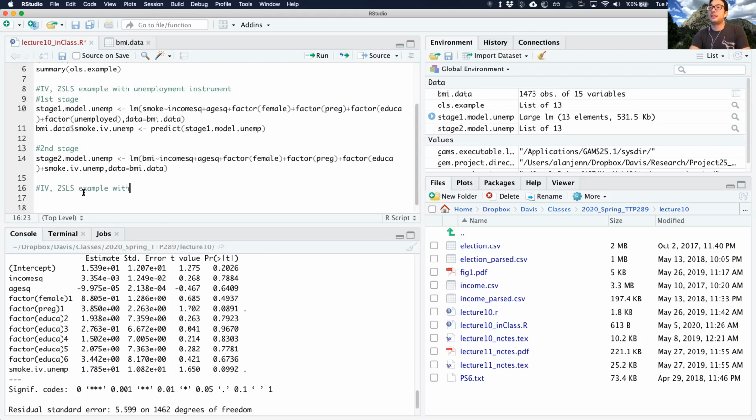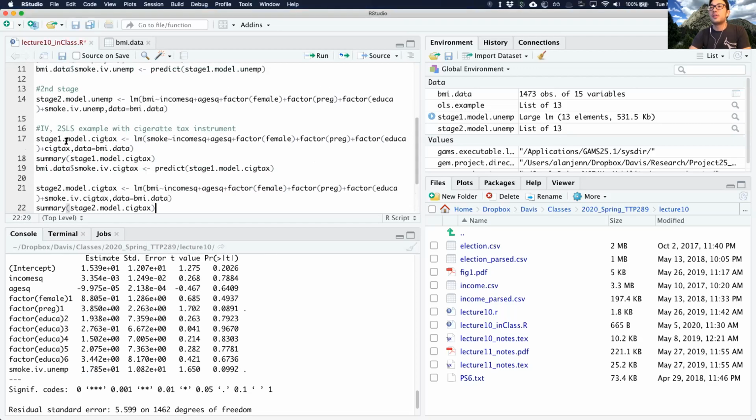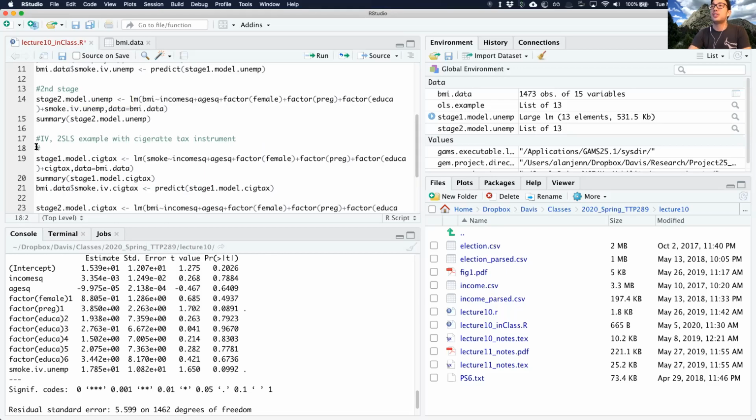So now let's try this with the cigarette tax. It's exactly the same. Let me add in the summary here. So this is our first stage, and here is our second stage.